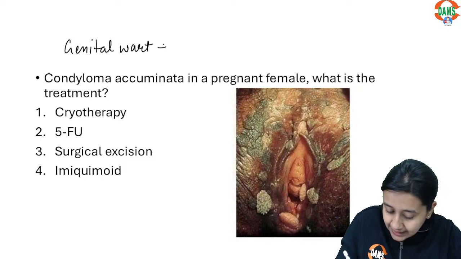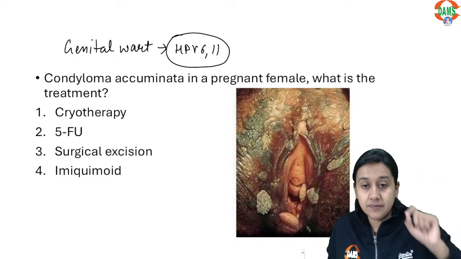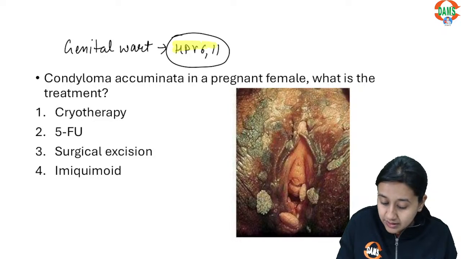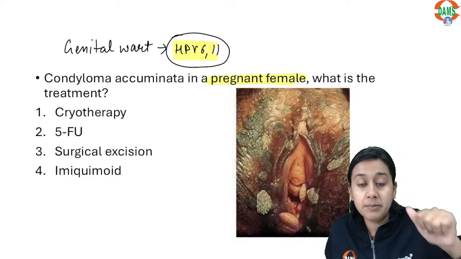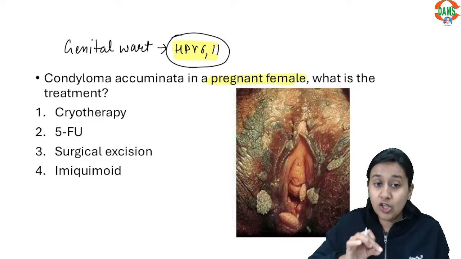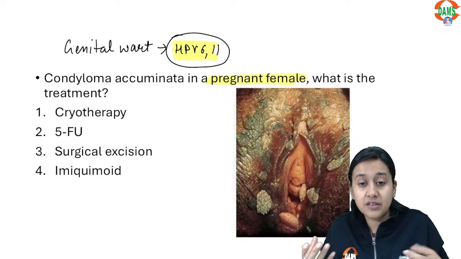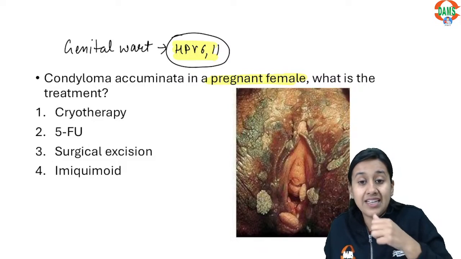Now, genital wart is actually HPV 6 and 11 infection, the human papilloma virus 6 and 11. The next thing you have to note in this is that this is a pregnant female. Please remember, normally for genital wart or condyloma acuminata, we give immunomodulator drugs like imiquimod.